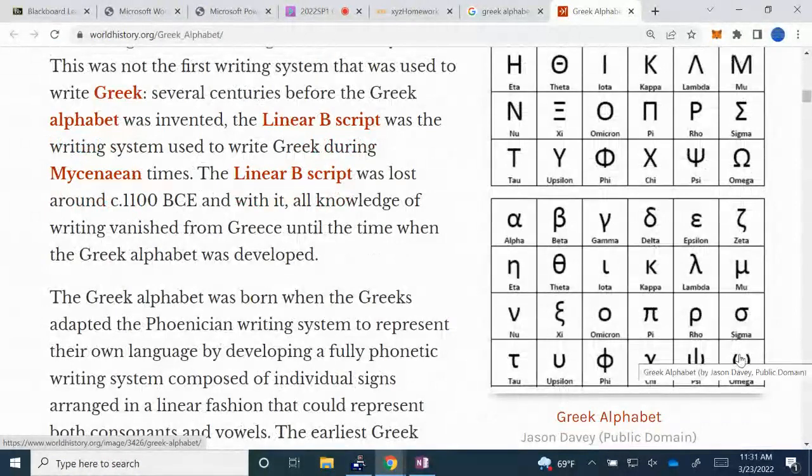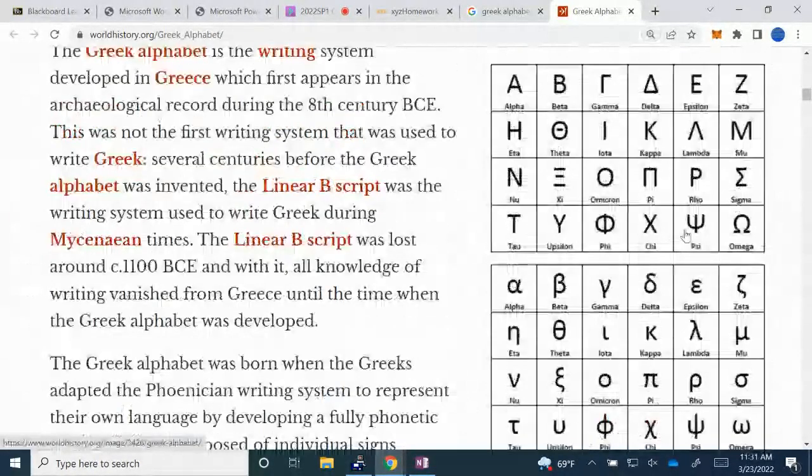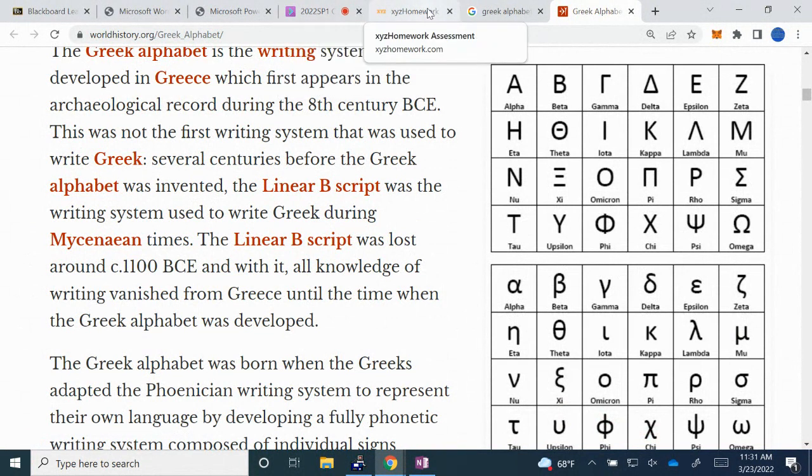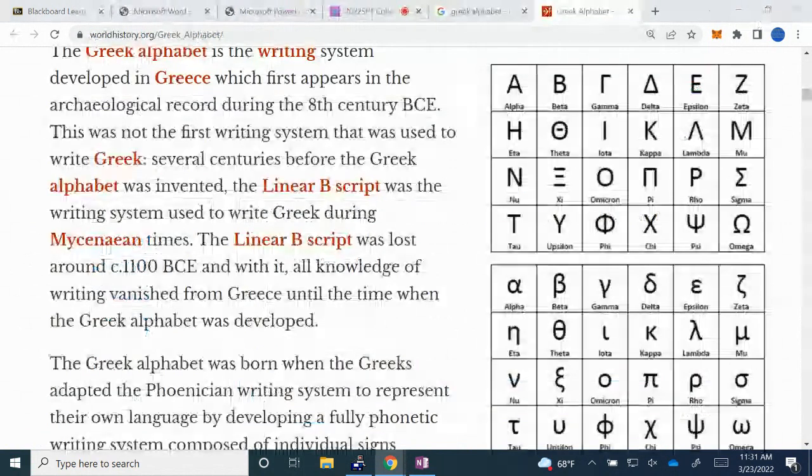If you are looking at a problem and you're unsure of which Greek letter they're using, you can just do a quick Google search. But the variables we're going to use are alpha, beta, and gamma. Right, so give me 1 second and I'm going to write these things down.